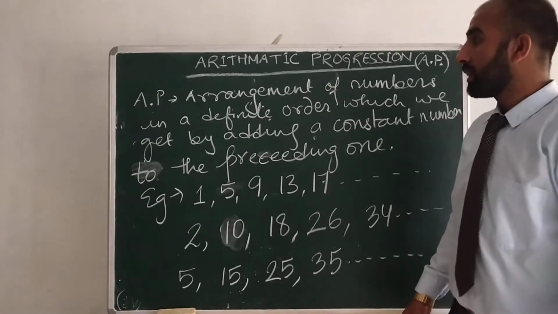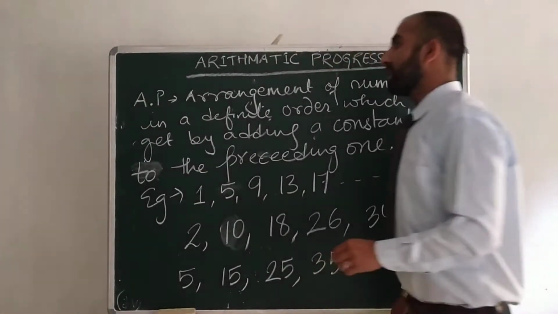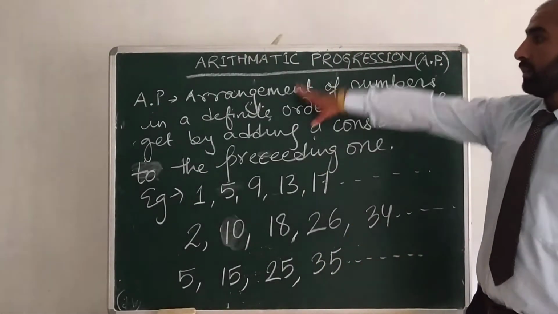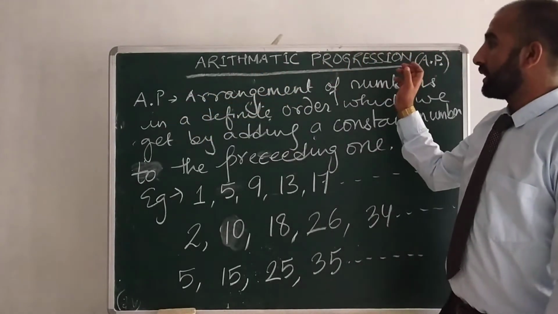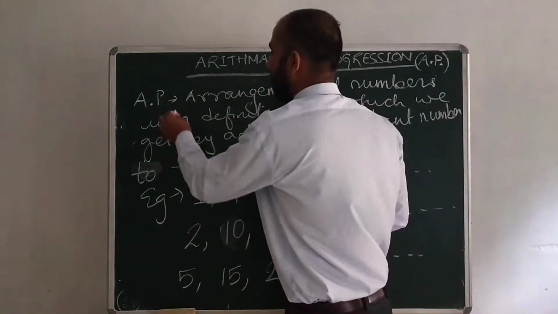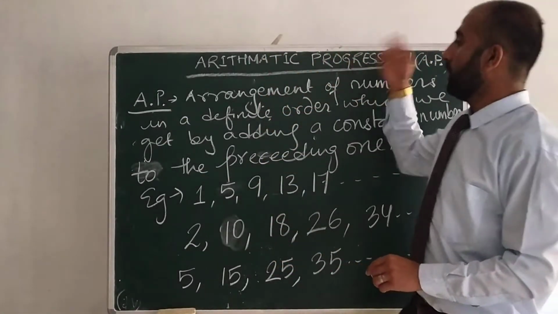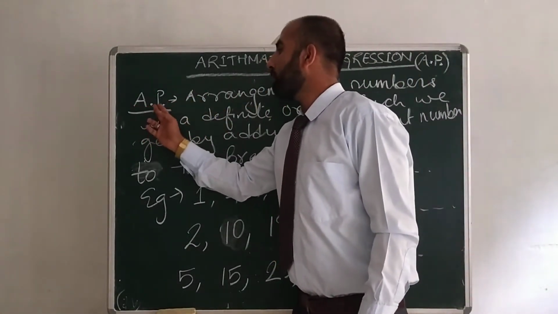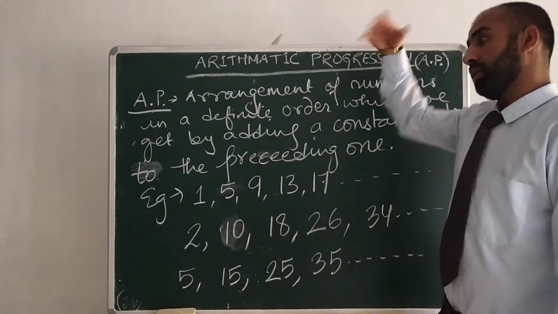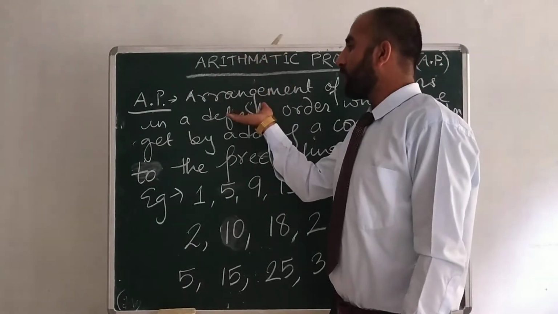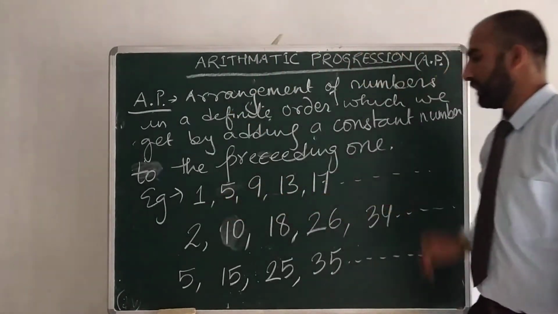Okay kids, now we have learned what a sequence is. Now let's come to our main point, that is arithmetic progression. I have written here the short form, because we know that arithmetic progression is also written as AP in its short form. Before I go to the definition, let us understand with an example.